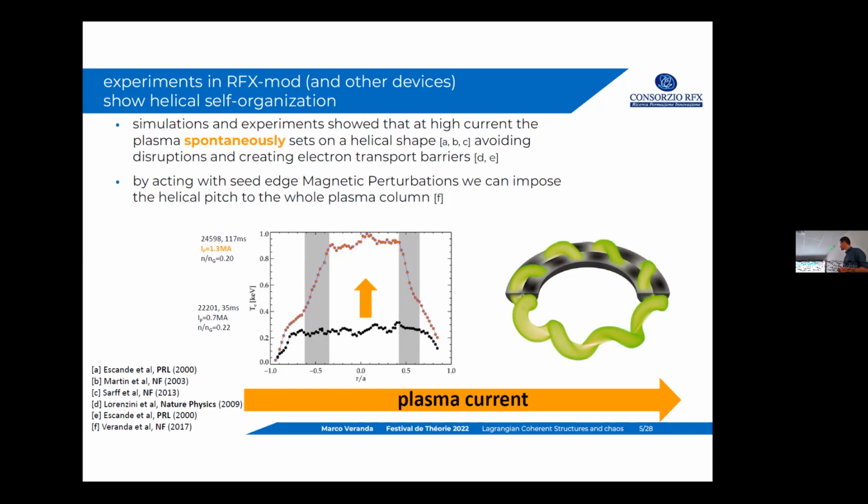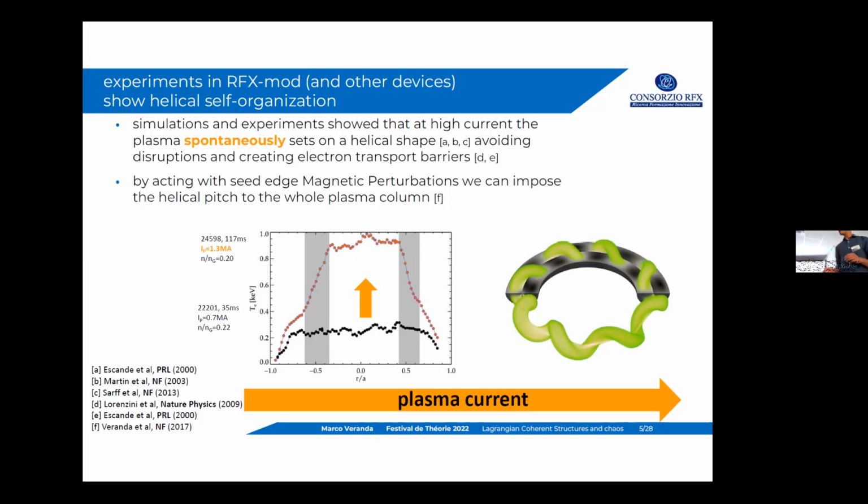When increasing the current from 0.7 megaamp to 1.3, we get this huge increase in temperature and the formation of the internal transport barriers. Very interestingly, it is also possible to control the shape or the helical pitch of the plasma column by using proper small edge magnetic perturbation. And this is important because in that way we can control the level of chaos of the configuration.